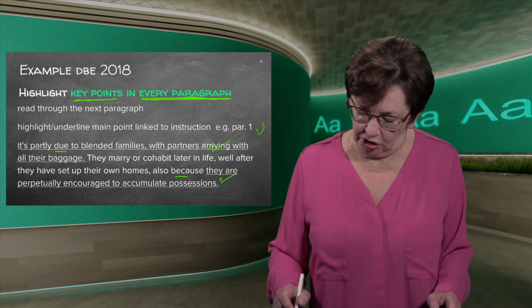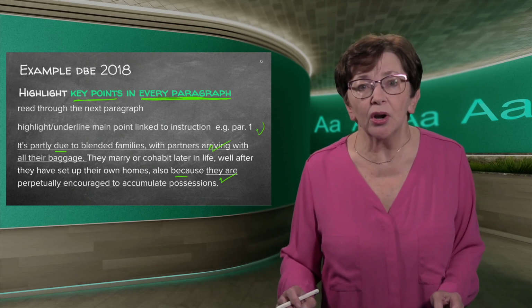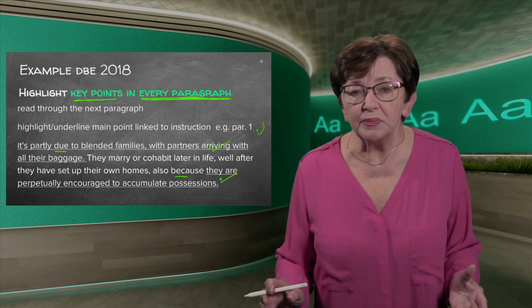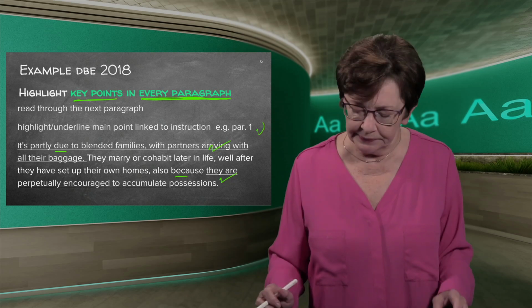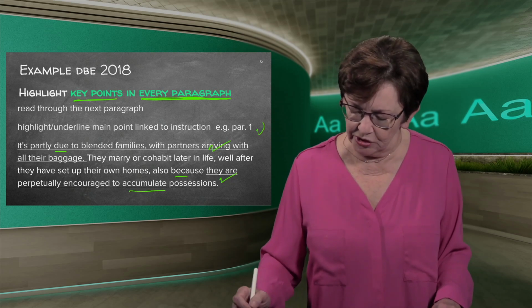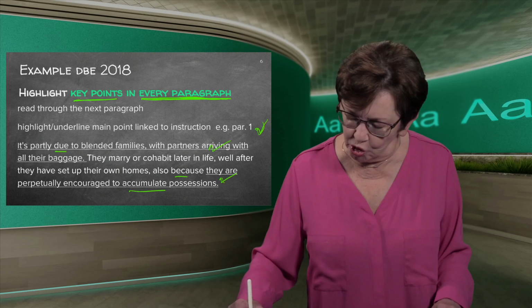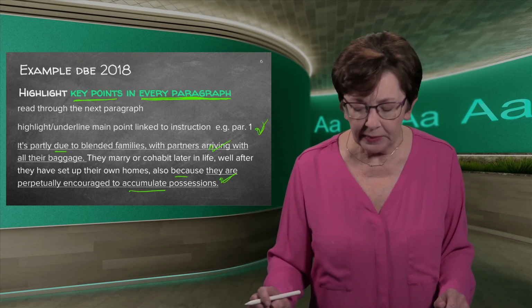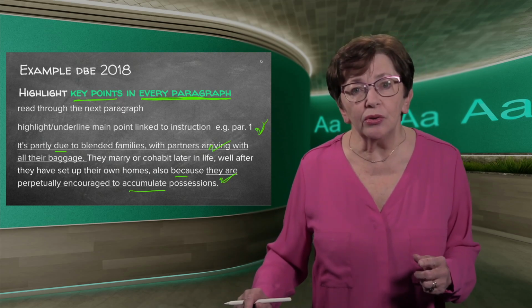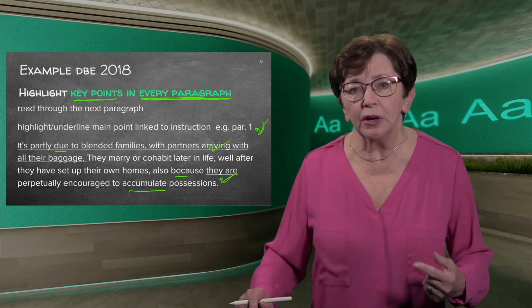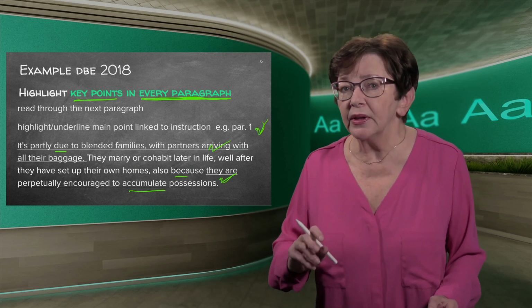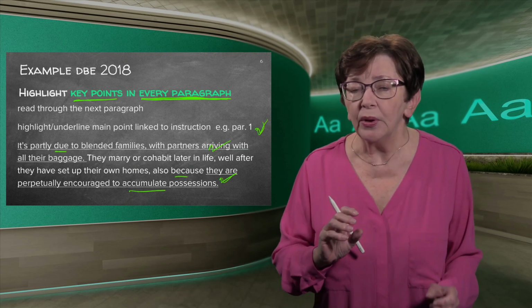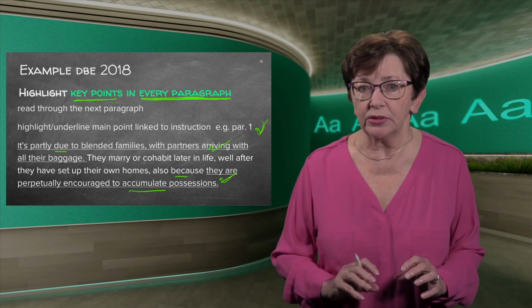And also you are perpetually encouraged by advertisements, for instance, to get more, to buy more, right? So to accumulate possessions. So I see 2 points here. Now you're going to keep doing that through every paragraph. Remember, only the aspects that have to do with the reasons why we collect, right?